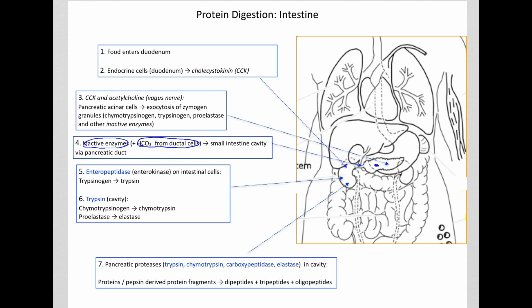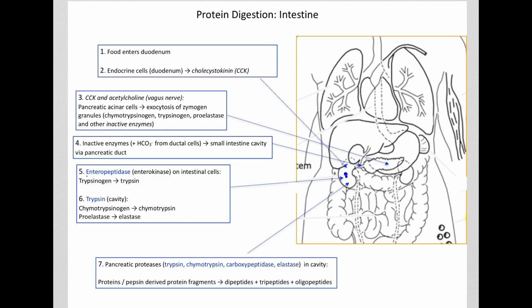From the pancreas, it will enter the pancreatic duct, and from the pancreatic duct, it will enter the duodenum. So now the pancreatic juice is mixed with the food in the duodenum.